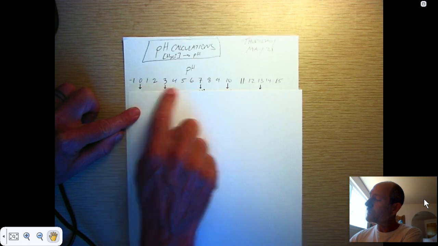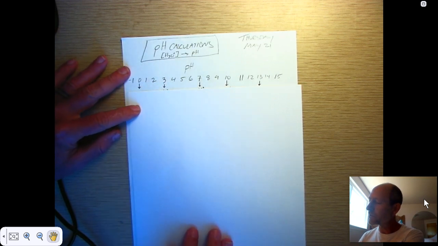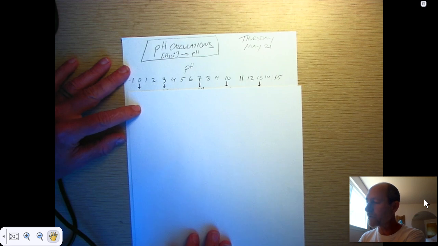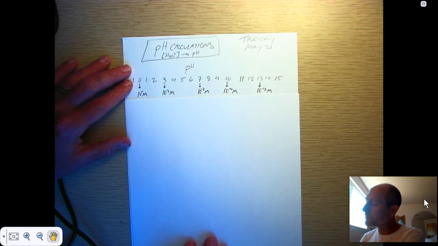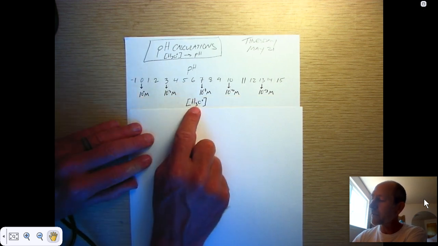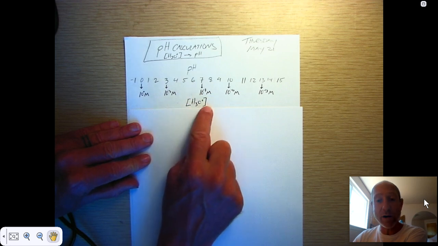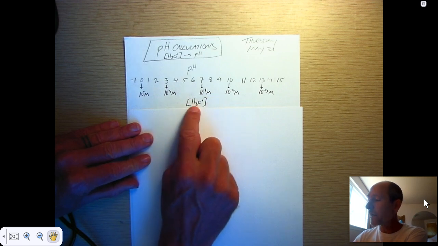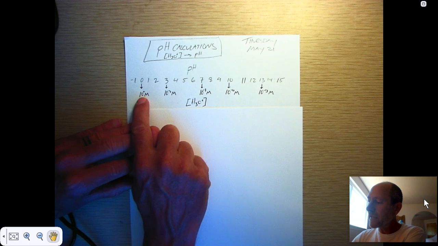But each one of these pHs corresponds to an actual concentration of hydronium. So this is the nature part right here. If you have a hydronium ion concentration, that's what the square brackets mean, of 10 to the 0 power, which is 1.